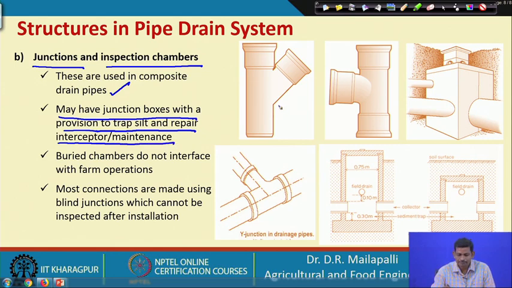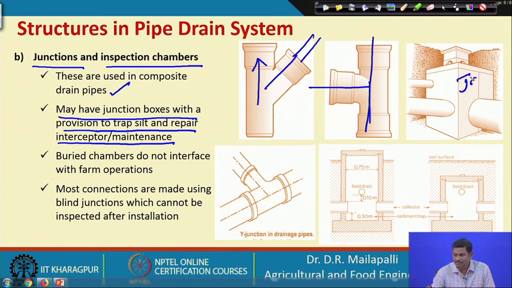So, here, these are the junction boxes. Suppose this is the field drain going here, and then you have the collector. This kind of joint can be used in a herringbone kind of structure, and then you have the parallel system. This is called a T, and this is called a junction box.